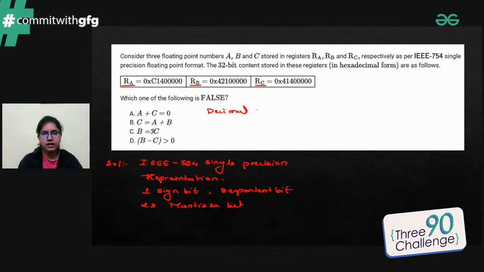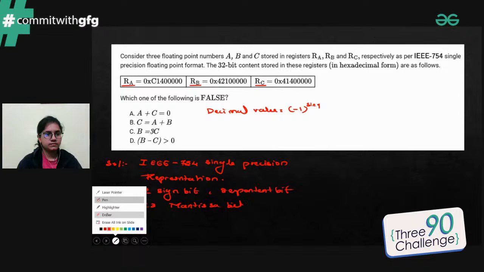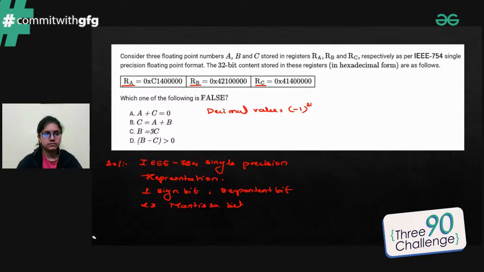Decimal value equals minus 1 to the power sign bit, into 1 dot mantissa, into 2 to the power exponent minus 127.